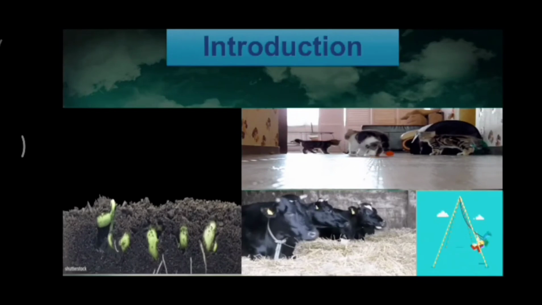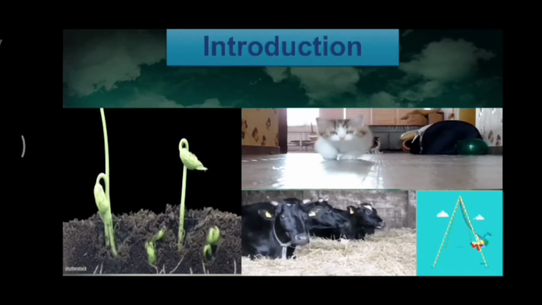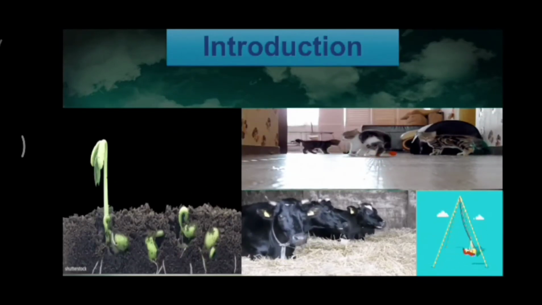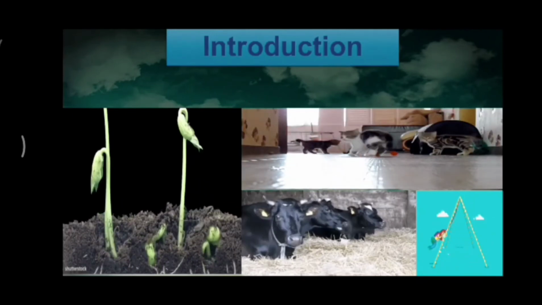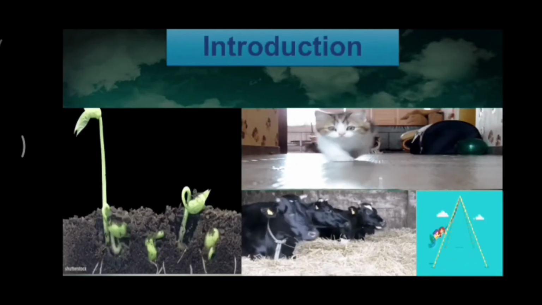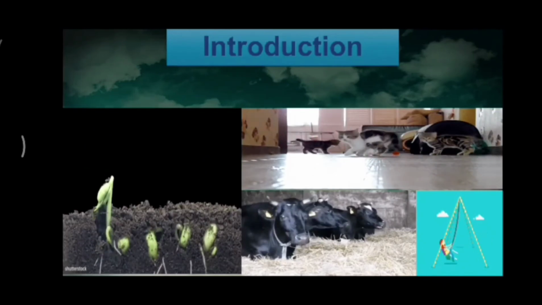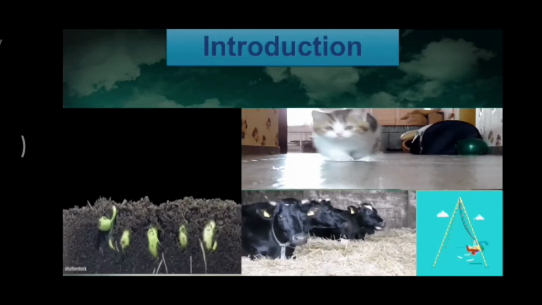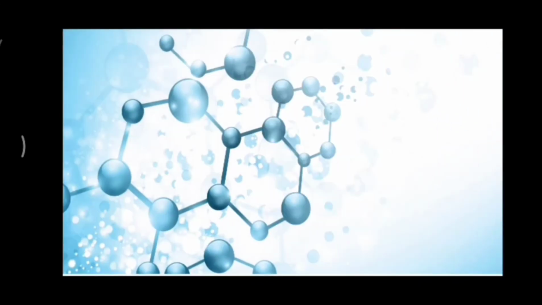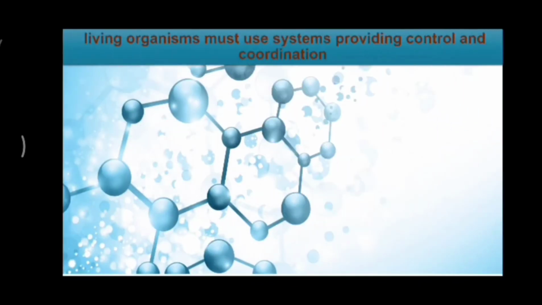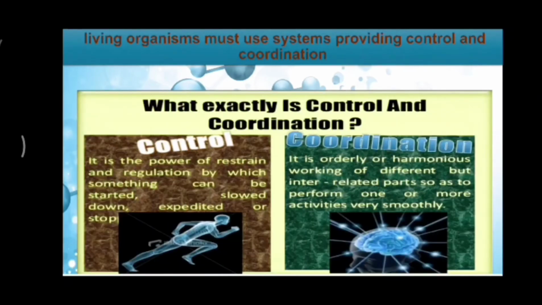Clearly, the movement to be made depends on the event that is triggering it. Therefore, such controlled movement must be connected to the recognition of various events in the environment. Now, living organisms must use systems providing control and coordination.